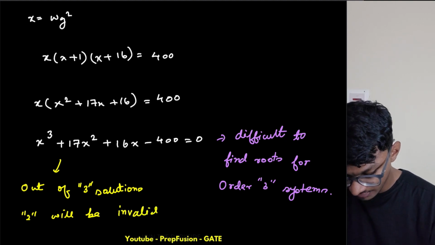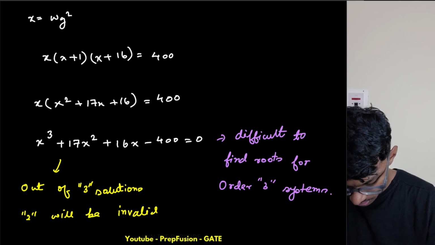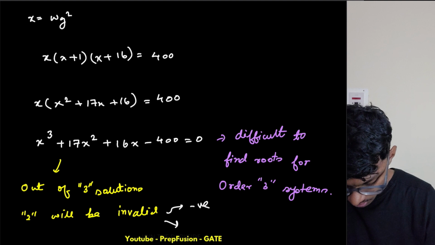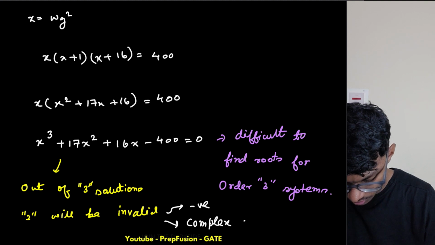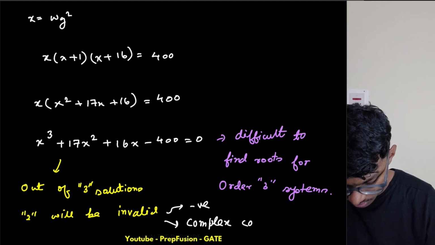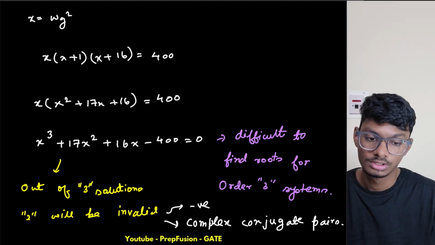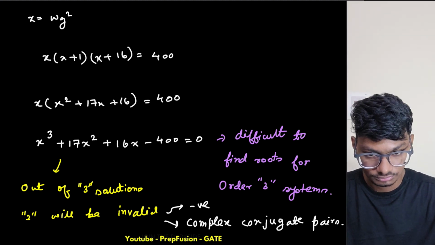By invalid, what do I mean? Either they will be negative, or they will be complex conjugate, or imaginary also you can say. They will be complex conjugate pairs.